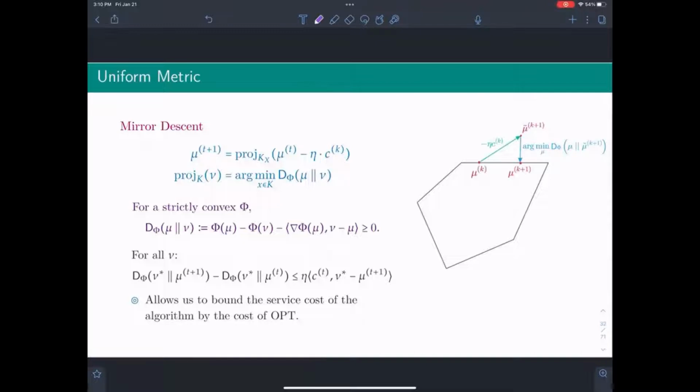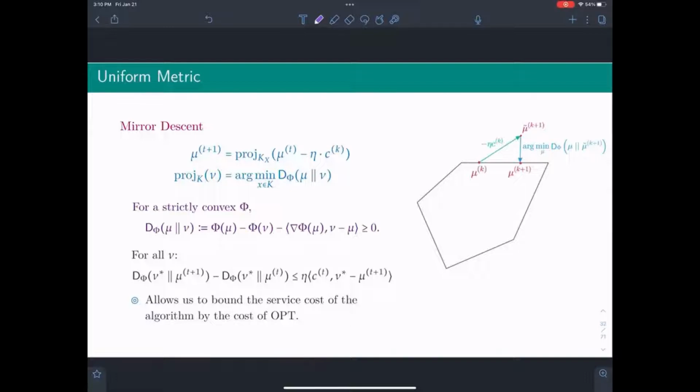But here, for a large family of regularizers phi, you would automatically have the property that your algorithm is competitive in terms of its service cost. So the service cost of your algorithm would be a proxy for the cost of opt.